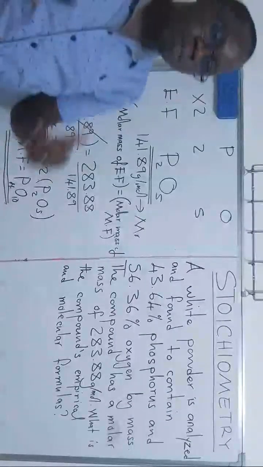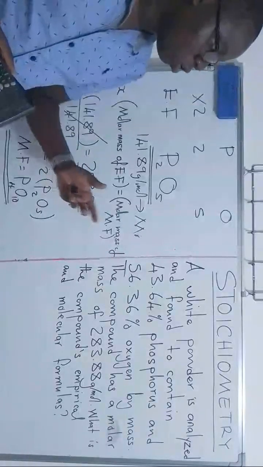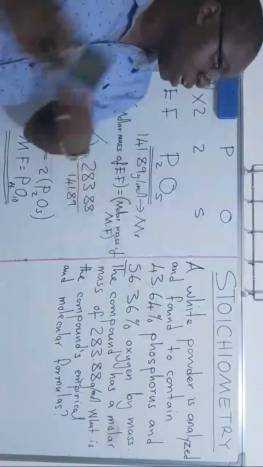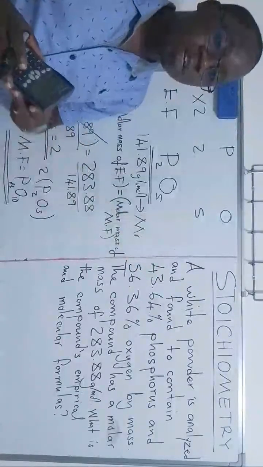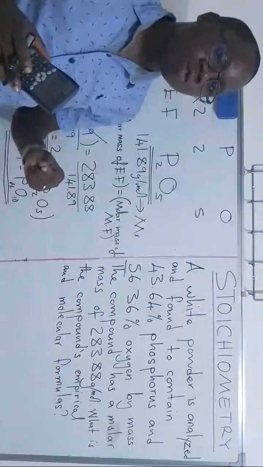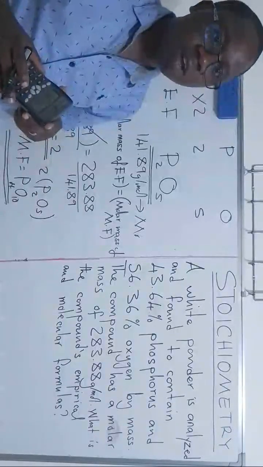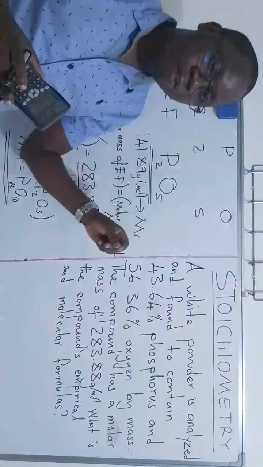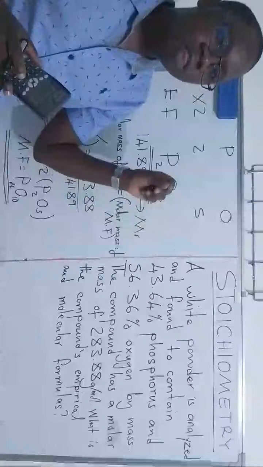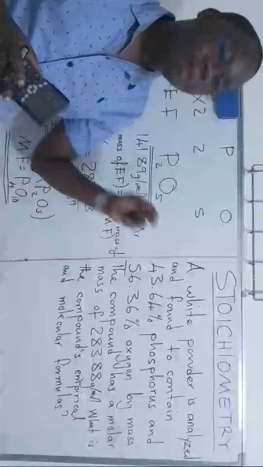So you have seen the steps that we have done here. We first converted the percentages that we had into mass. Then we found the number of moles of each element in the compound that was analyzed. Thereafter, we found the smallest number of moles and divided the moles by it.